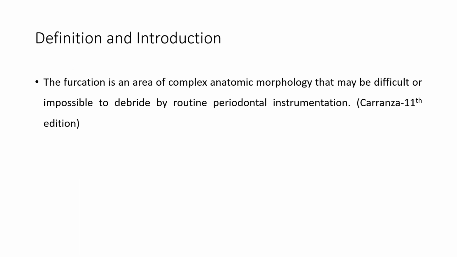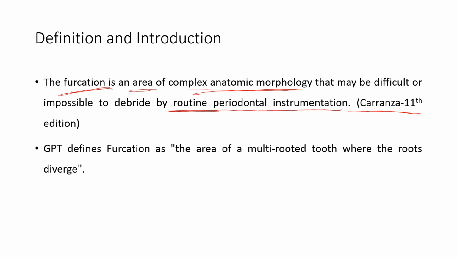Definition and introduction. So first of all, according to Carranza, furcation is basically defined as an area of complex anatomic morphology that is difficult or impossible to debride by routine periodontal instrumentation. Next, according to GPT, furcation is an area of a multi-rooted tooth where the roots diverge.